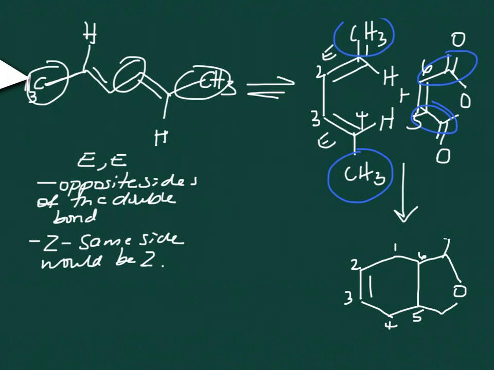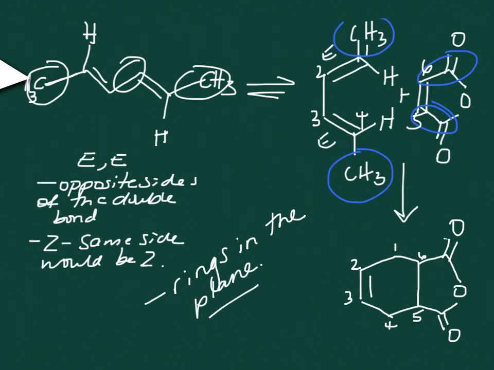When we draw the bicyclic, we want to keep the rings in the plane. For reasons that I'll explain in a minute, this ring should be pointing down.